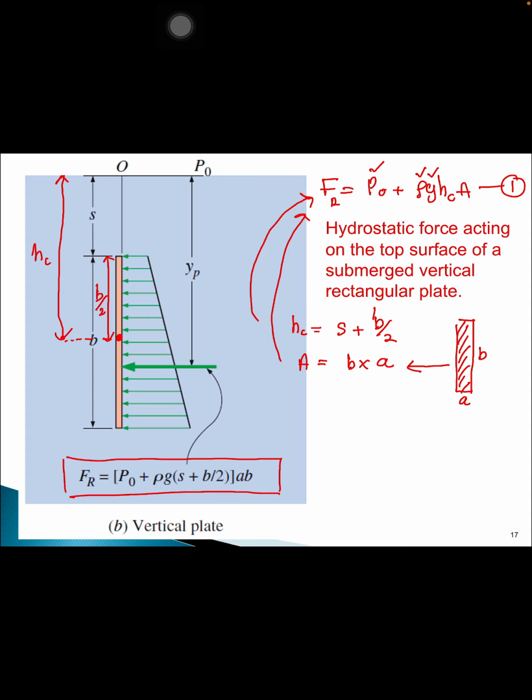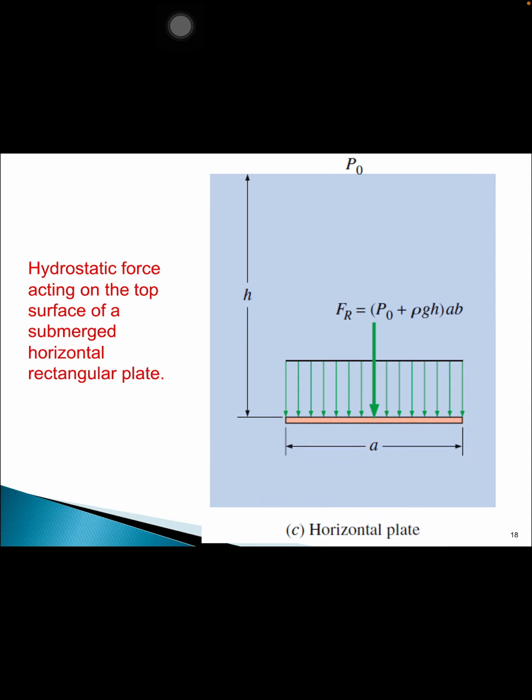Okay, this is for the vertical plate. And the last one is the horizontal plate. Same as the previous one, FR equals P naught plus rho g h centroid area. H centroid is the distance from the center of the object to the surface of the liquid. So the center of the object is here, until the surface of the liquid. That's your HC. In this case HC equals your H, the same value.